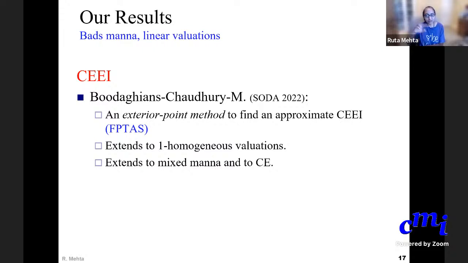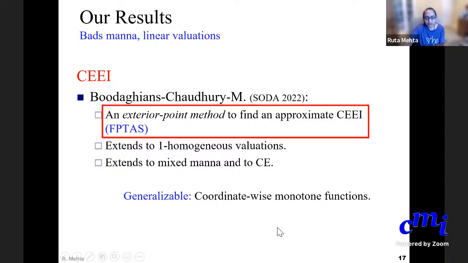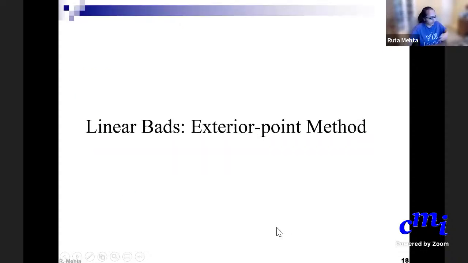It could be 1 plus epsilon or 1 minus epsilon for some epsilon which is polynomially small, pretty small. We show that this extends to one homogeneous and to the mixed manner. And this method in particular is generalizable to coordinate-wise monotone functions. Okay, so that's the thing I want to convey.